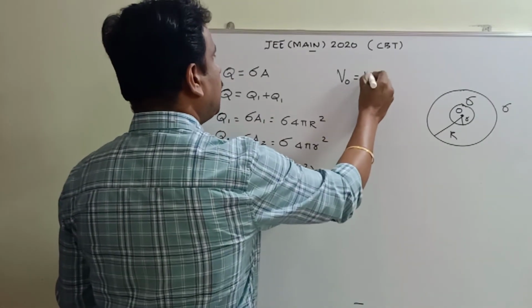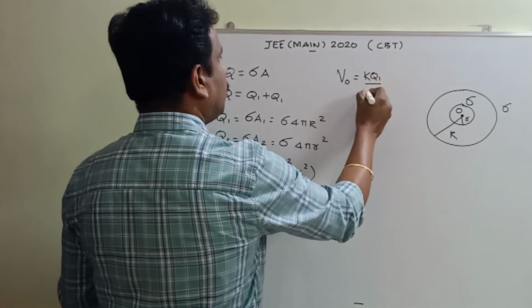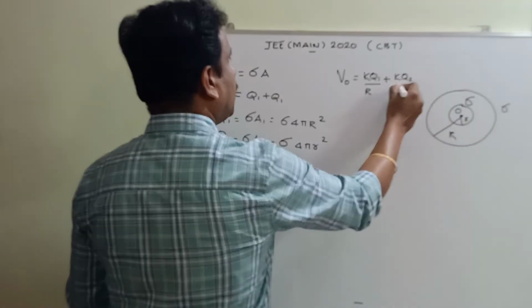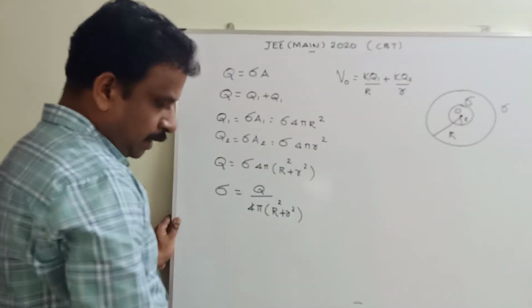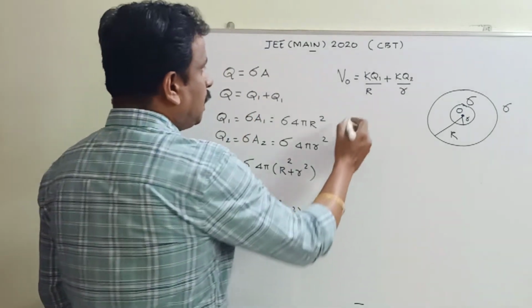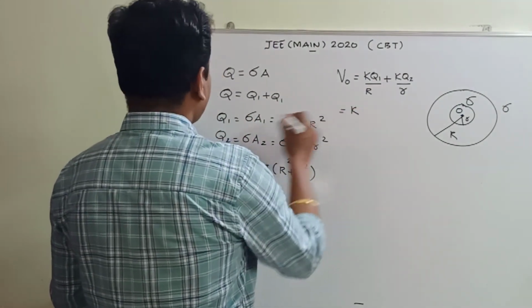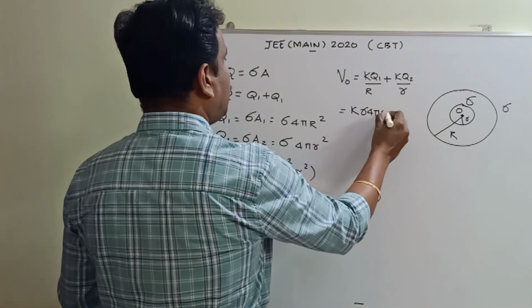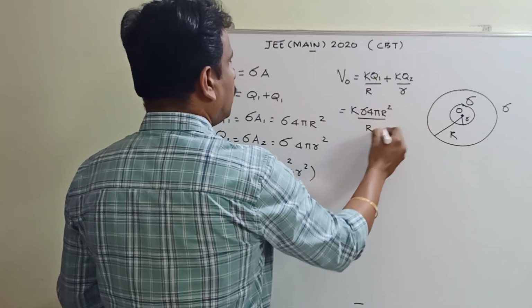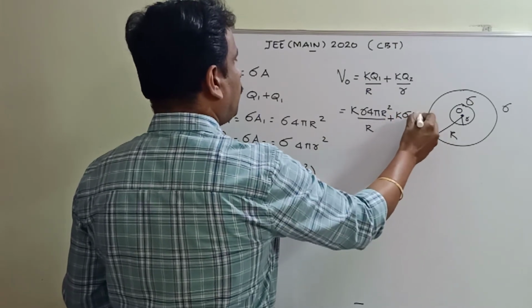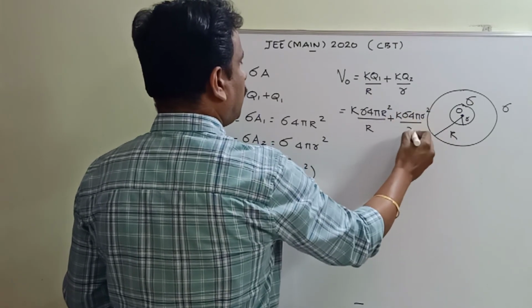One is kq1 by R plus kq2 divided by small r. Right? Okay. Now you can write it as k. What is your q1? q1 is sigma 4 pi R square by R plus k q2. q2 is sigma 4 pi r square by r, right?